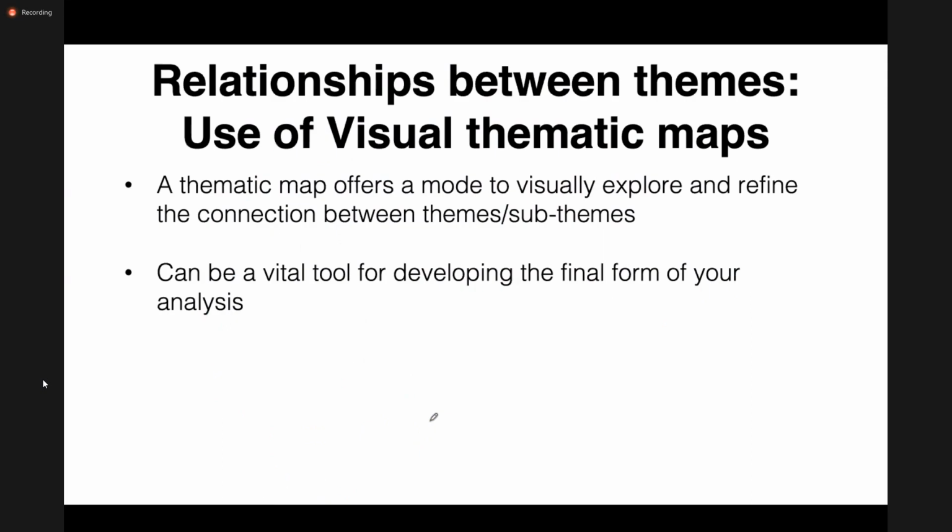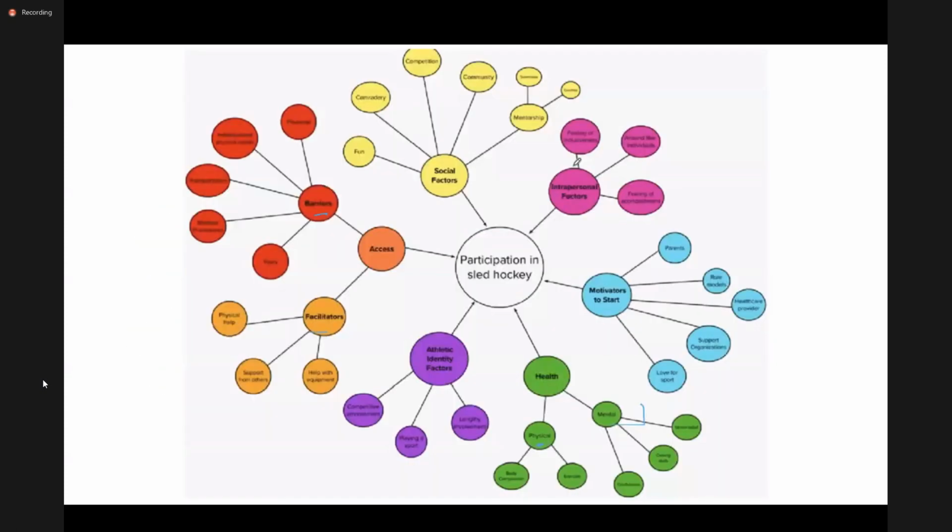You can also show your findings using visual thematic maps. So, for example, say a map like this. So you have your main theme. So this is about participating in hockey.